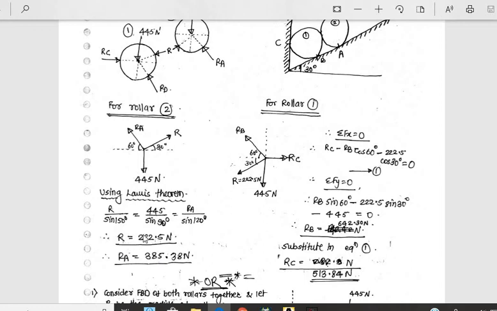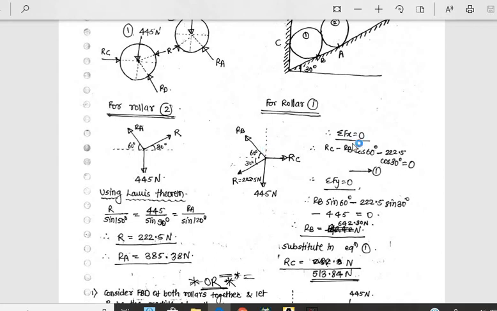Now this R will be required to analyze roller 1. See the diagram of roller 1. This is RC, RB shown by transmissibility, the self-weight of the cylinder, and the common reaction R. Here Lami's theorem is not applicable because there are 4 forces, so we go by the second option, resolution.